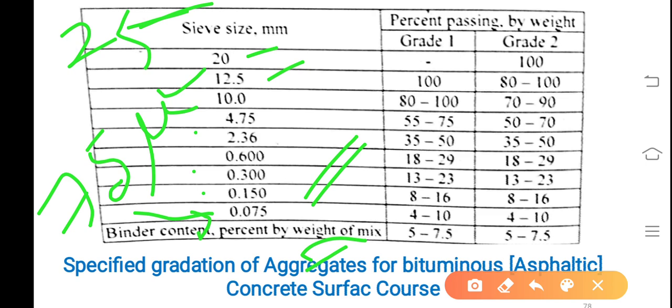Percent passing by weight, grade 1, grade 2. Any one grade may be used.